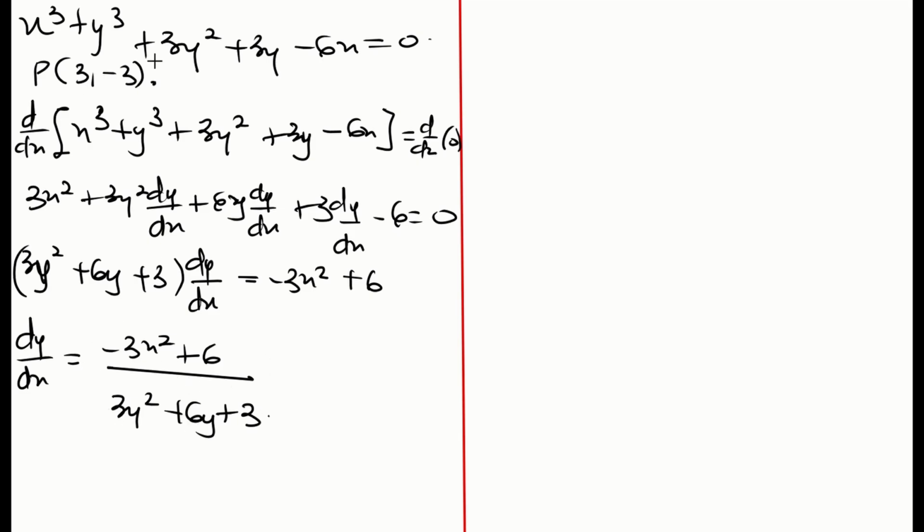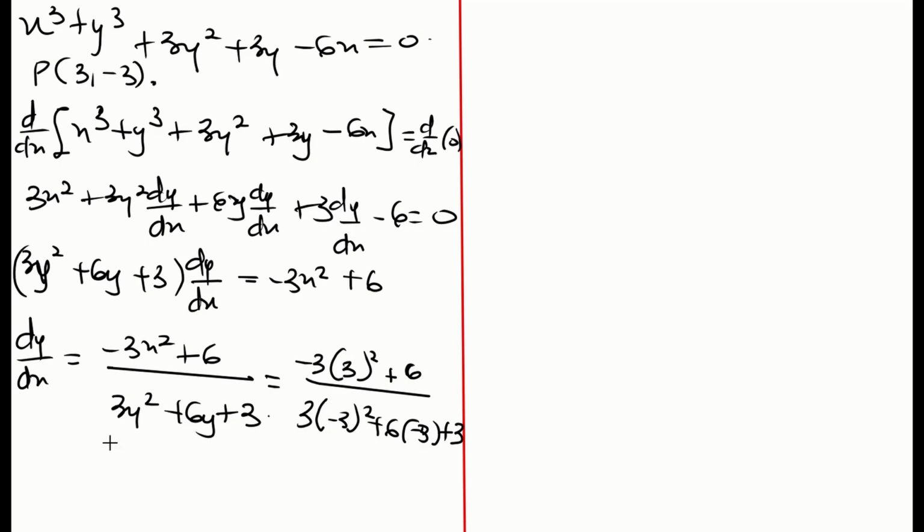So let's put in the values of the point into this slope. This gives me minus 3 times 3 squared plus 6, all over 3 times y squared, which is minus 3 squared, plus 6 times minus 3, plus 3.